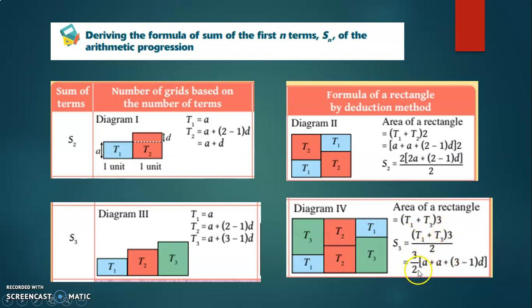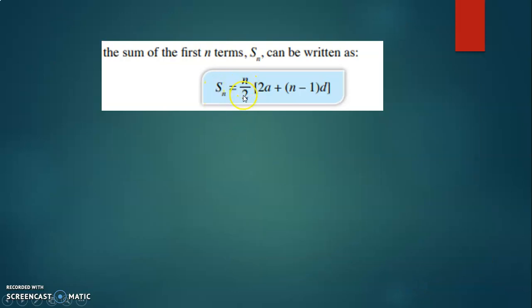So 这个东西 divide by 2，so 我们看到的是 3 over 2 乘以 A plus A，which is 2A，好像上面这样，2A plus 3 minus 1 D. So 它就是 by deduction method，你看到吗？S2 就等于 2 over 2 乘以 2A plus 这个，S3 呢就 3 over 2，全部都是 over 2。So 如果 n 呢，Sn 就是 n over 2 乘以 2a plus n minus 1 d.